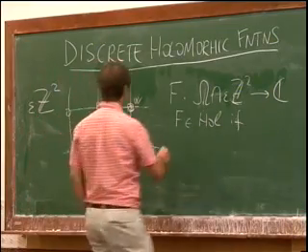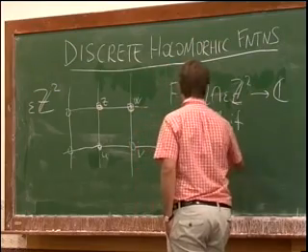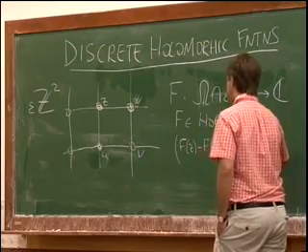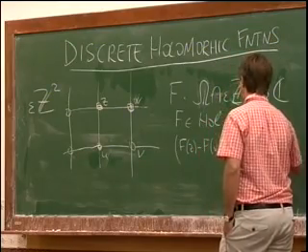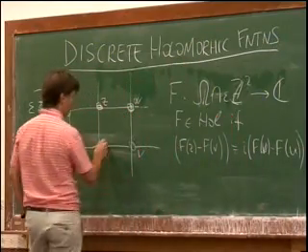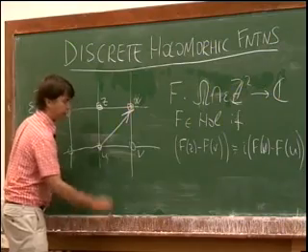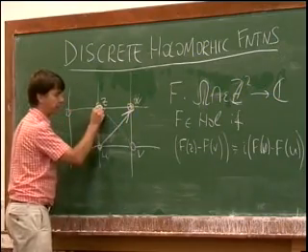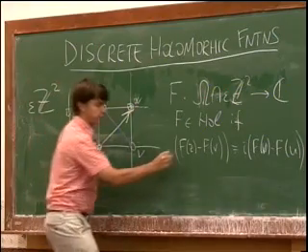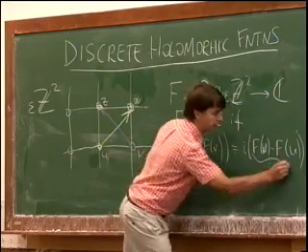So in this picture, it would be that f of z minus f of v is equal to i times f of w minus f of u. So if we take a difference like this and multiply by i, we obtain the difference like that. So basically, that's the equation.